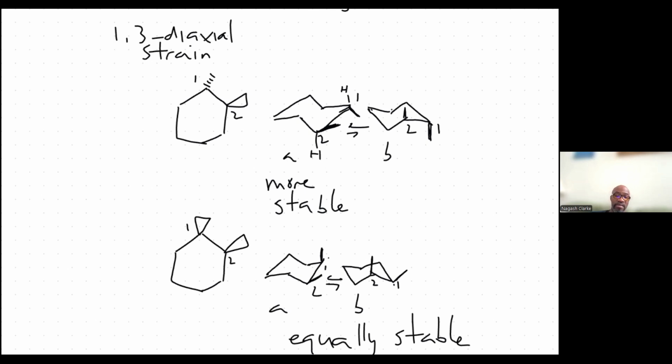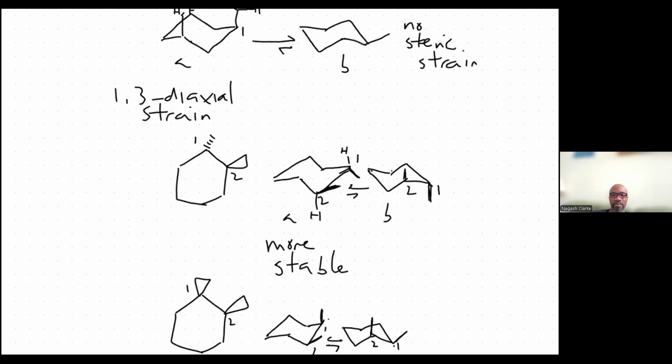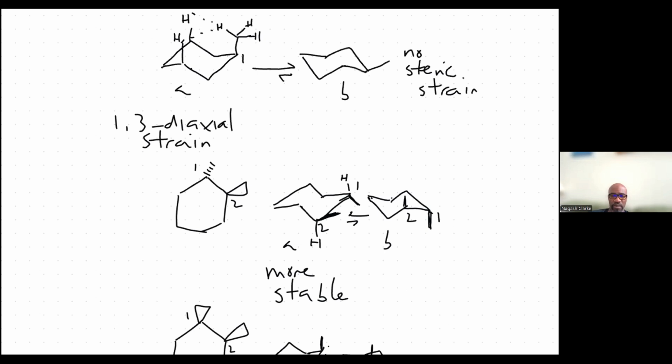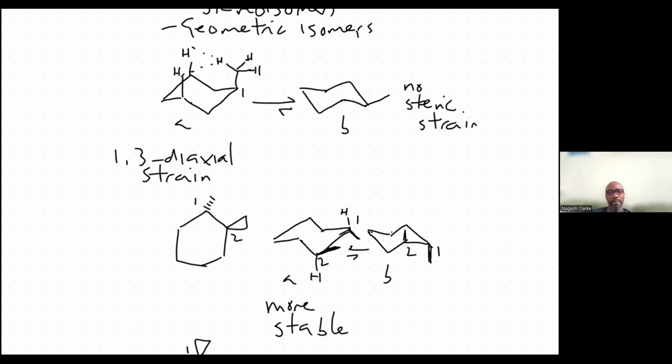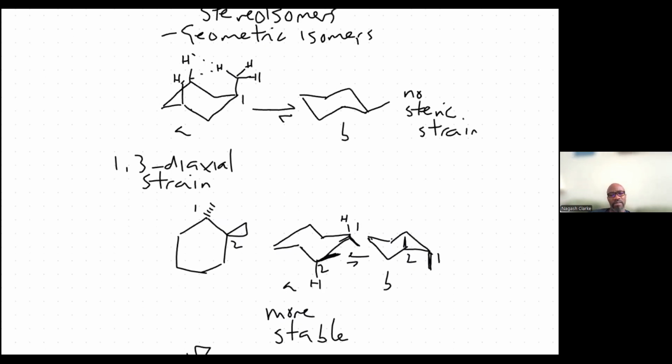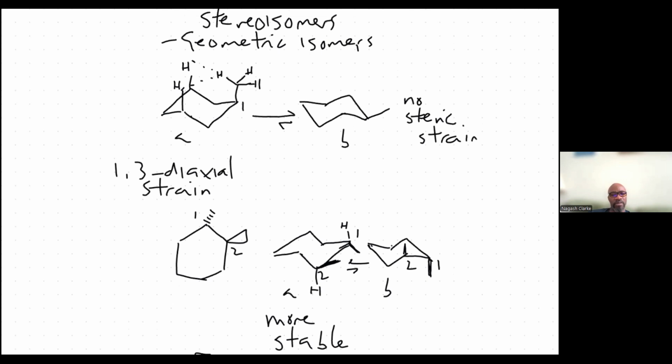In some cases, you can't help but make the group axial. In other cases, you can make the groups equatorial and it will be more stable. We talked about diaxial strain and how we want substituents to be equatorial, because when they're axial, there's diaxial strain from the neighboring hydrogens that are also axial.